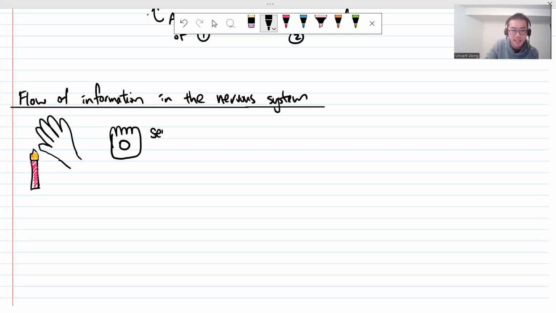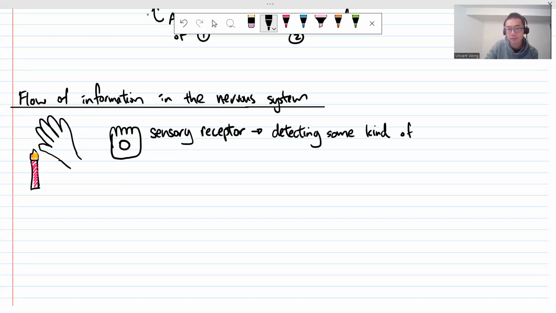This is a sensory receptor, which is responsible for detecting some kind of stimulus, some kind of trigger in the surrounding.